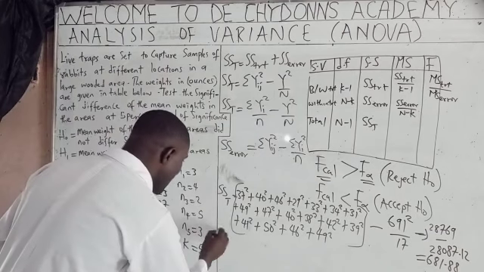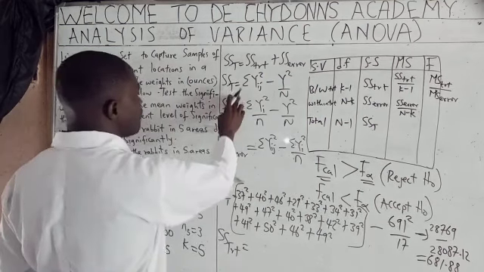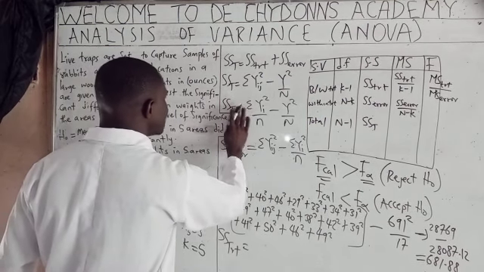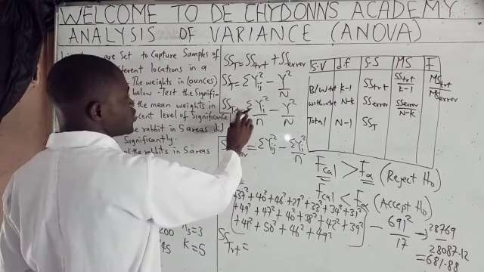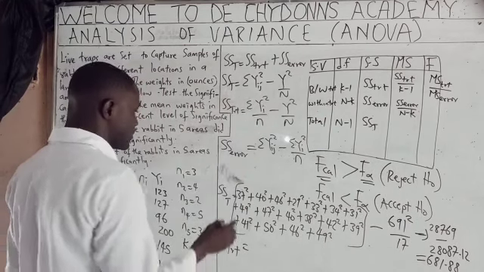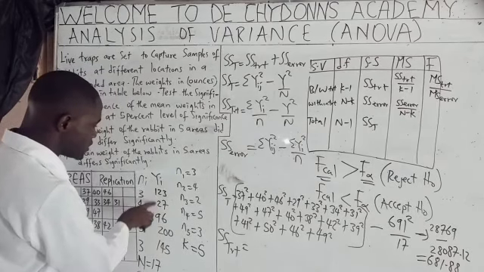Now SS treatment, the formula says, equals summation of yi squared over n. This is for yi.